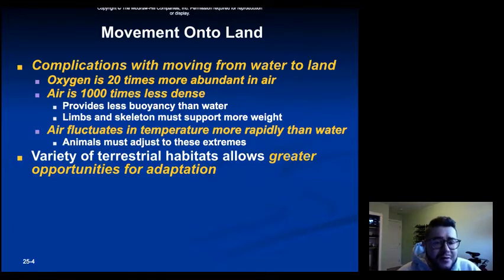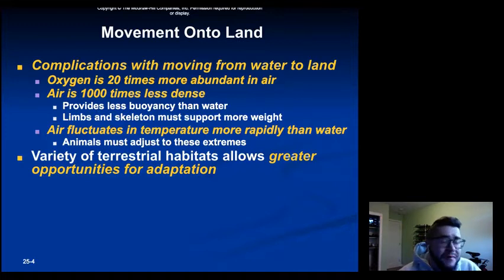The air is also 1,000 times less dense than water, so it provides less buoyancy and less support for the limbs and skeletal systems, which means those limbs and skeletal systems need to support more weight on land than they do in the water. And then also, air temperature fluctuates more rapidly than in water. Think about Pleasanton. It's a great example.